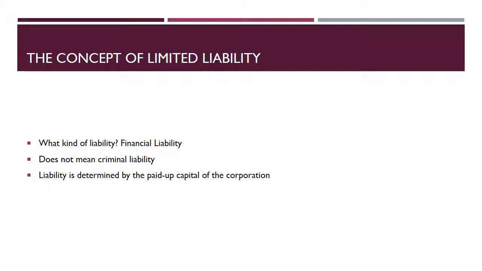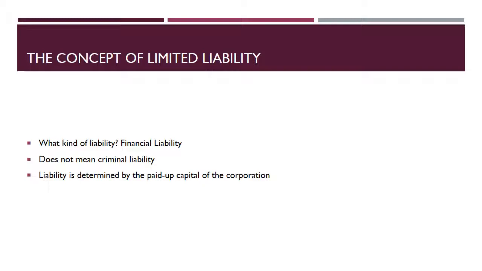It's that simple. Now that we have determined what limited liability is, the question is, how much liability does a corporation really have? A corporation's liability is determined by its paid-up capital. This is the capital that is contributed by the corporation's shareholders at the point of incorporation.